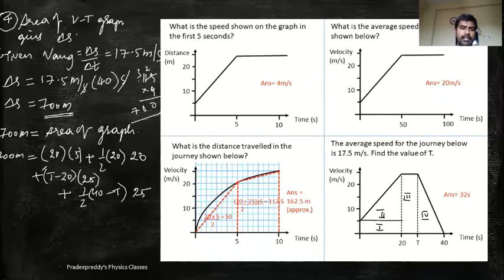So 700 is equal to this total. On the right hand side only t is the unknown quantity, on the left hand side we have already 700. So from this you can calculate t, and that will be equal to 32 seconds. So the time taken will be 32 seconds. The t is equal to 32.